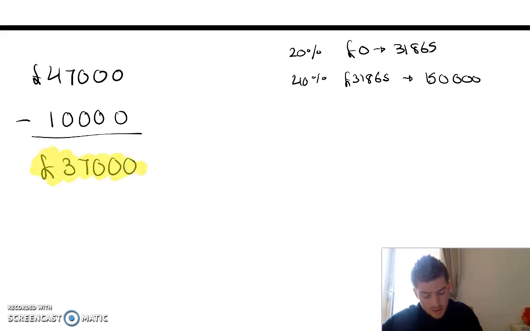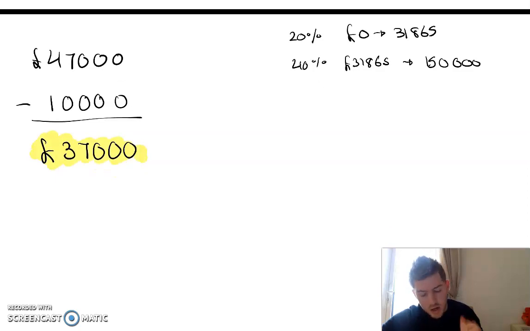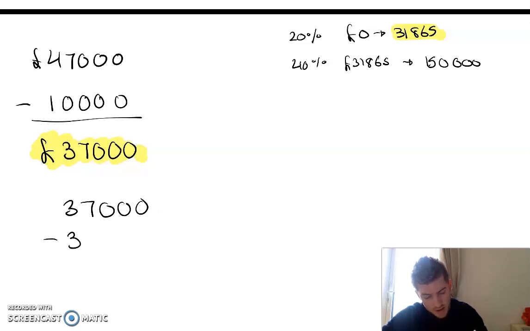Sorry, I need to stop doing that. That's what's taxable. Now, you get 20% on the first 31,865. So that means 37,000 take away 31,865, and let me explain to you.